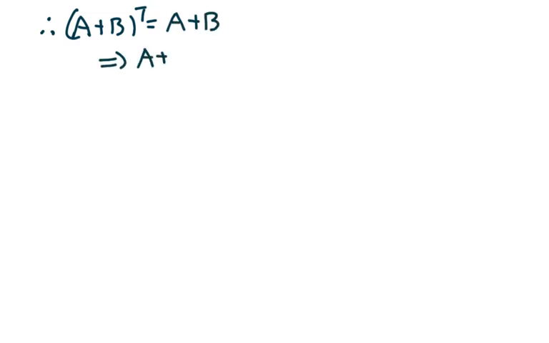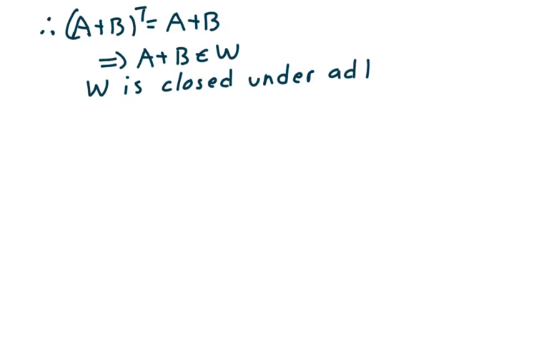And so, therefore, the transpose of A plus B is equal to A plus B. And that implies A plus B belongs to W. And W is closed under addition. When you want to show subspace, we show non-empty, and to show non-empty, we show the zero vector is in the set. And then we want to show closed under addition, closed under scalar multiplication.